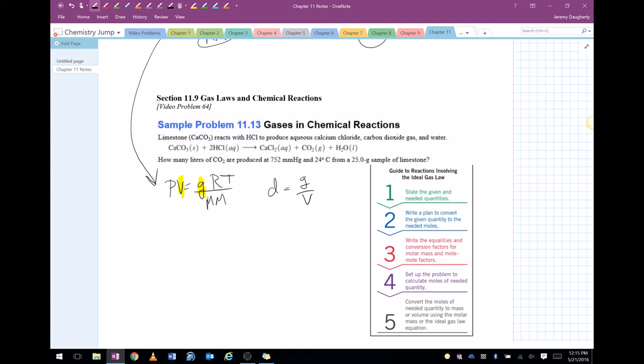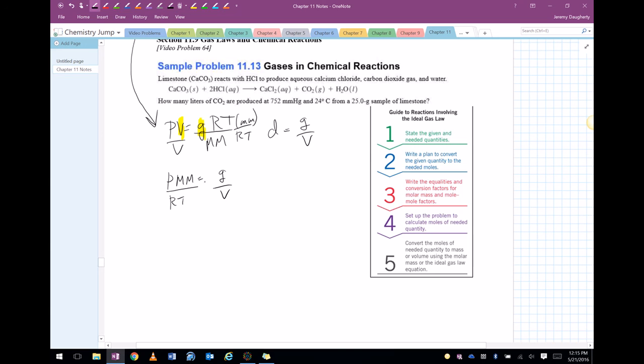If I get those two over each other, I take pressure times molar mass over RT is equal to g over V. I just used algebra, multiplied both sides by molar mass, divided both sides by RT, and then divided by volume. When I do that, I end up with pressure times molar mass over RT is equal to grams over volume. Grams over volume is density. So I can say pressure times molar mass over RT is equal to density. So there I can figure out the density of a gas at any temperature.